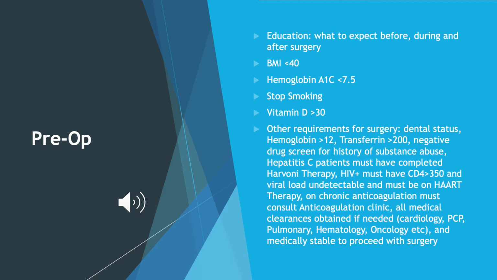There are a few other requirements, such as making sure your dental status is up to date, and you're cleared by various PCP, pulmonary, oncology, hematology, cardiology, if need be. And if you're on anticoagulants, they will want you to see the anticoagulation clinic to make sure they have clearance for all parts of the surgery.